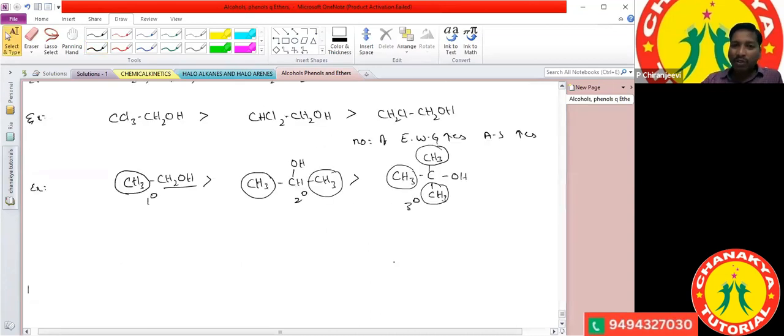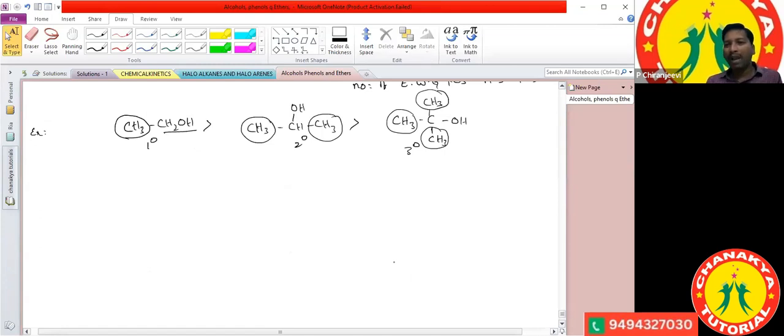Acidity we can also explain based on reactions. For example, acids react with metals. Which metal are we taking? Sodium metal. Does alcohol also react with sodium metal? Yes.